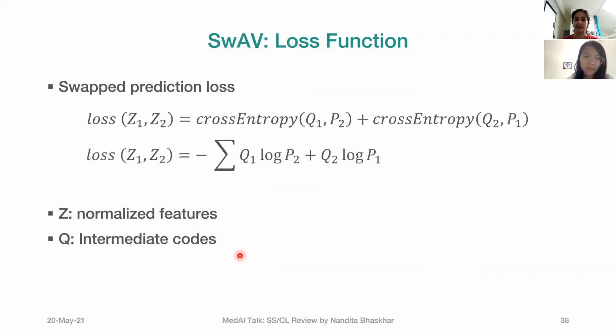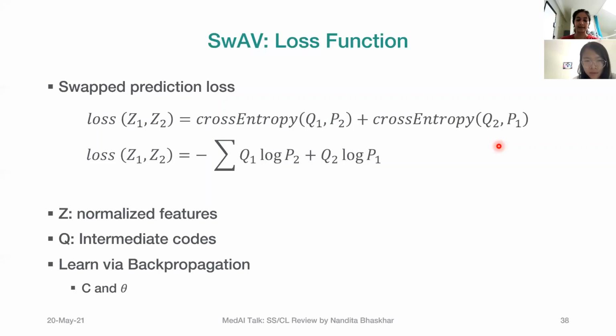The terminology that they use for Q1 and Q2 is the intermediate codes, and we know that P1 and P2 are basically the softmax values already. The things that are learned via backpropagation are the encoder parameters themselves, as well as the matrix C. So that is also part of the backpropagation.